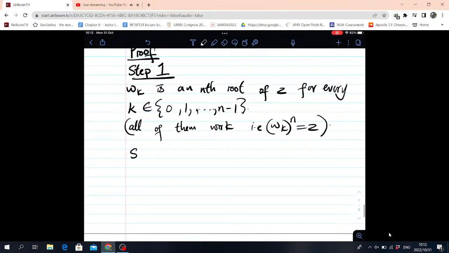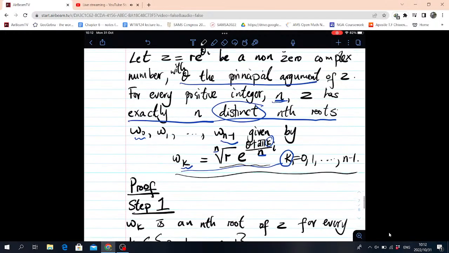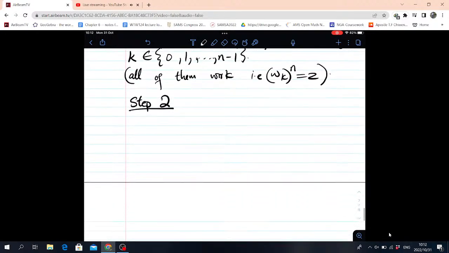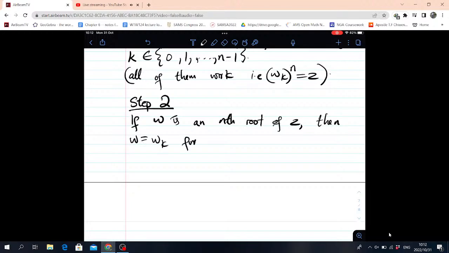And then the second step is, because here we are saying exactly n, it means that if W is an nth root of Z, then W, which is Wk, is going to be one of these.